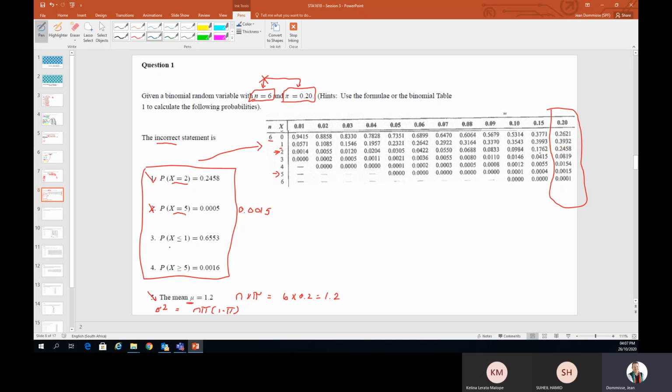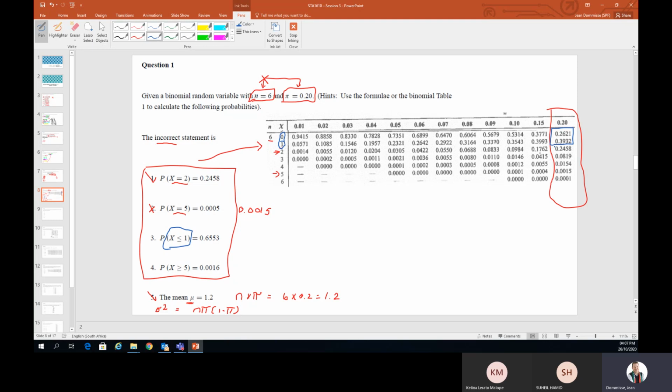Let's take another color. Where x is equal to or smaller than 1, it is basically looking where x is 1 or 0. Those are two numbers, so we need to add them to get an answer.